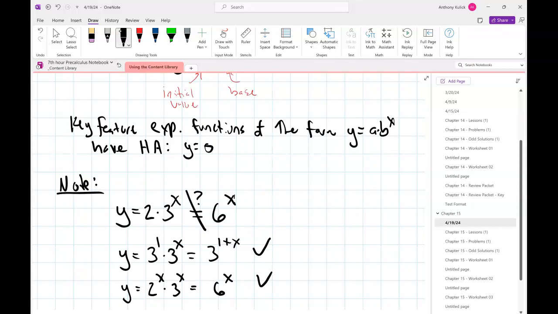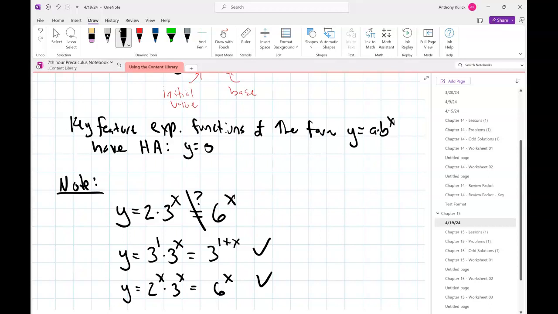So you can't do anything if the base is different and the exponent is different. There's no simplifying that can happen there. If the bases are the same, you can add the exponents. If the exponent is the same, you can multiply the bases. Does everybody feel okay about what's okay to do and what's not okay to do?